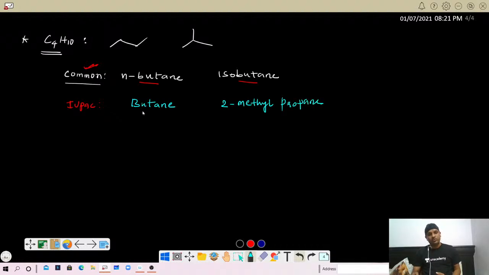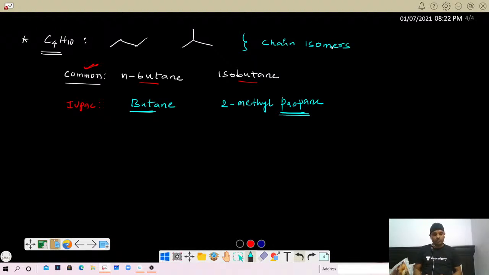So what is the root word? It is but, and it is prop. This is a but root word, and this is a prop root word. But the number of carbons is 4, and the number of hydrogens is 10. Therefore, these two are said to be chain isomers. Hope you understand well.